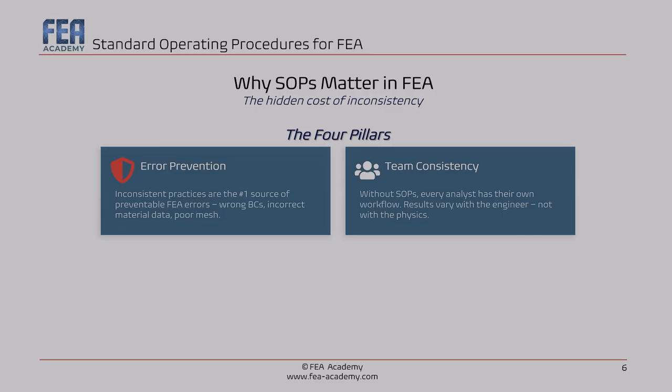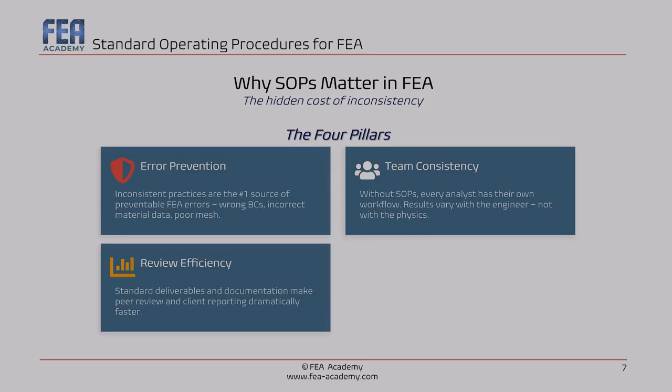Okay? The third pillar is the review efficiency. Here is something I observed consistently. When the deliverables are standardized, there is a standard in the deliverables, review time drops by 40 to 60%.